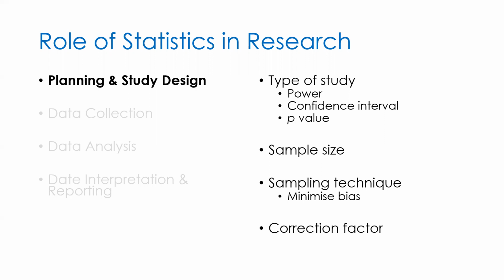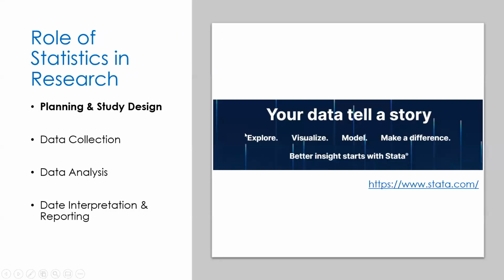So all these have to be decided from the beginning. And if you are using a sampling technique or a kind of study design that requires some kind of correction factor, then the correction factor needs to be decided from the beginning. Again, these are not things that you want to be struggling with on your own. Once you have a good statistician, they will help you to sort all this out.